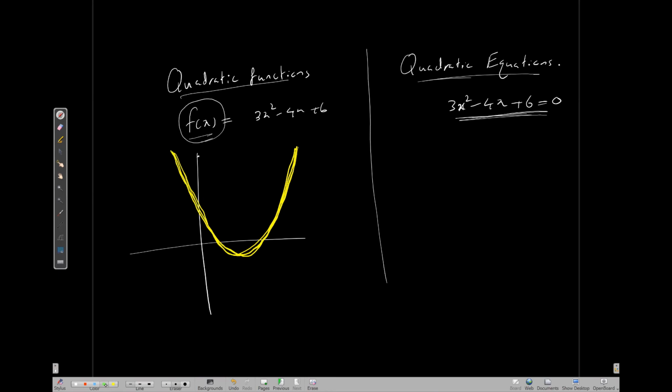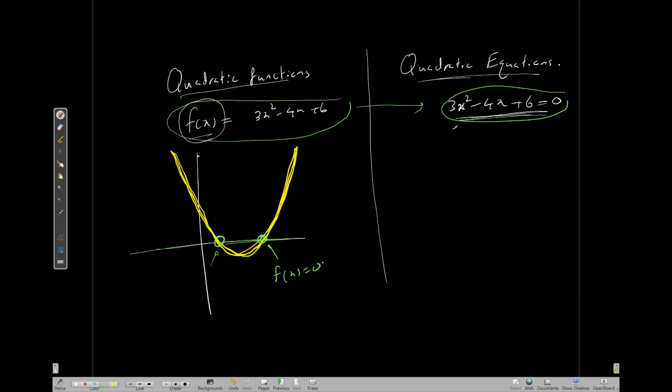Now look at this place and this place. At those places, what is the function value? f of x is 0 there, because the y height is 0, right? So actually this equation is just one case out of infinitely many cases of the function. It's more general.